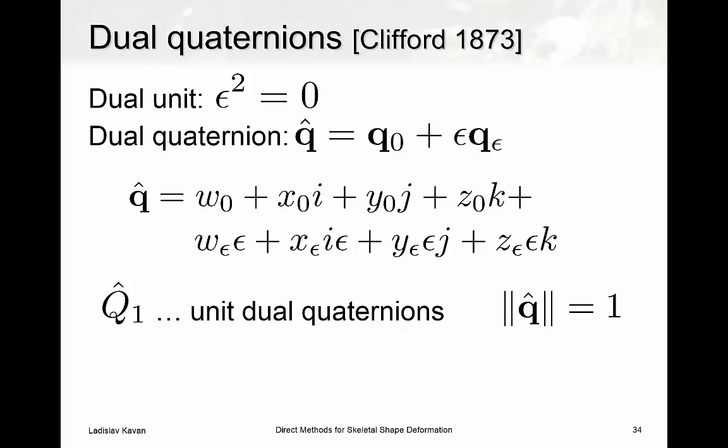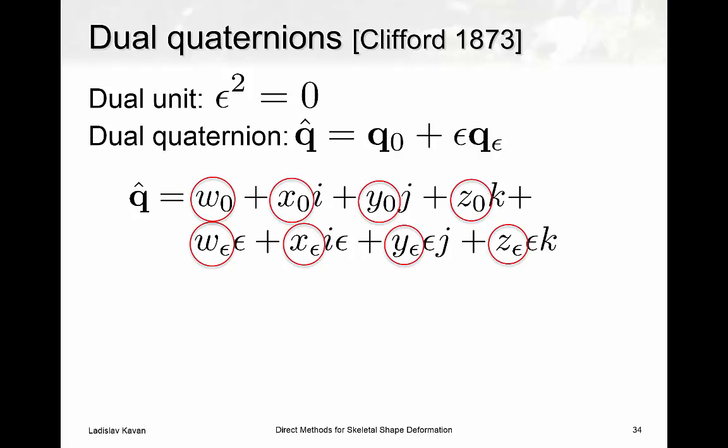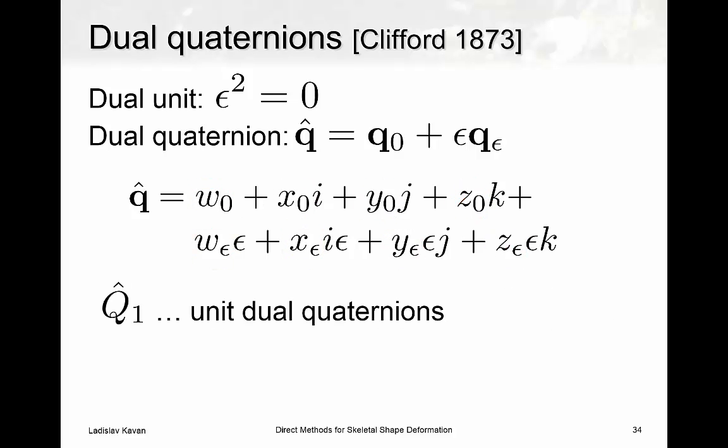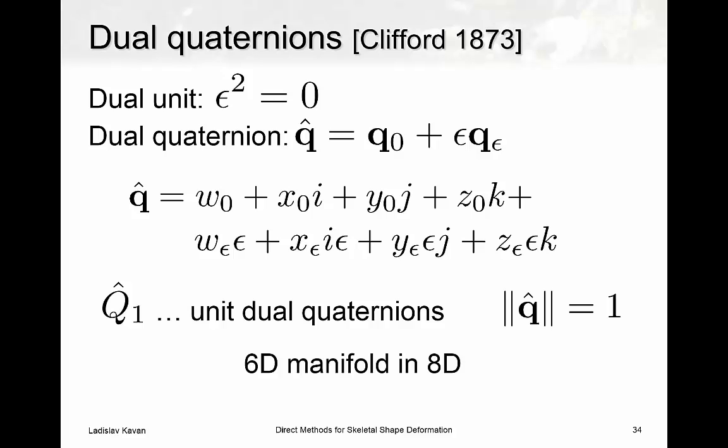So from the original 8 degrees of freedom of a dual quaternion, after you apply this constraint, you end up with a 6D manifold, because you took out 2 degrees of freedom. It would be a 6-dimensional manifold living in an 8-dimensional Euclidean space. Which 2 degrees of freedom?